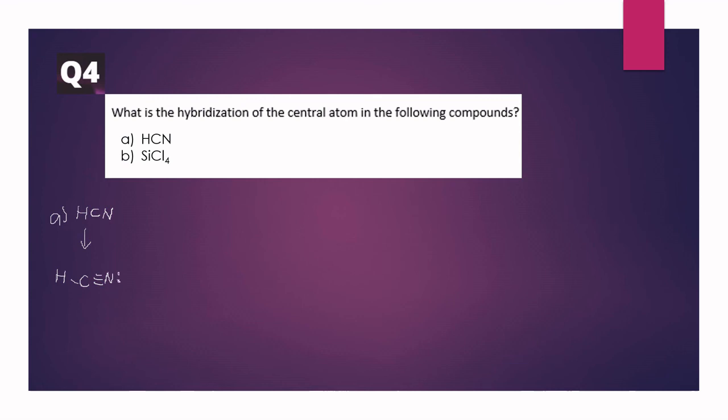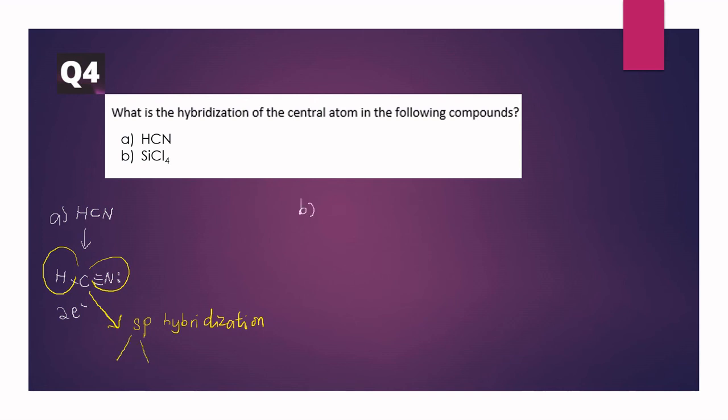There are 2 electron domains around the carbon atom. So this central carbon has sp hybridization because there are 2 electron domains, one is s, one is p.